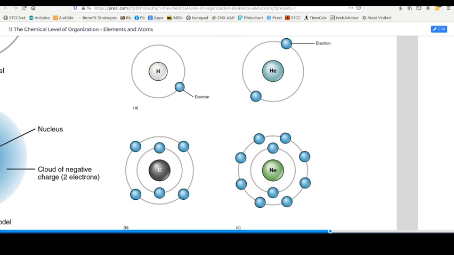It's going to have 11 electrons if it's in its balanced neutral charge state, and we'd see an inner shell with 2 electrons, a second shell with 8 electrons, and then we need a third shell with 1 more electron outside of that. For whatever configuration we're talking about here in atoms, the outermost shell is also known as the valence shell, which is important in how atoms interact with each other.